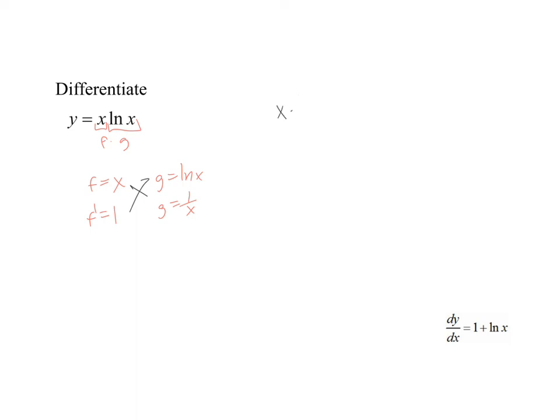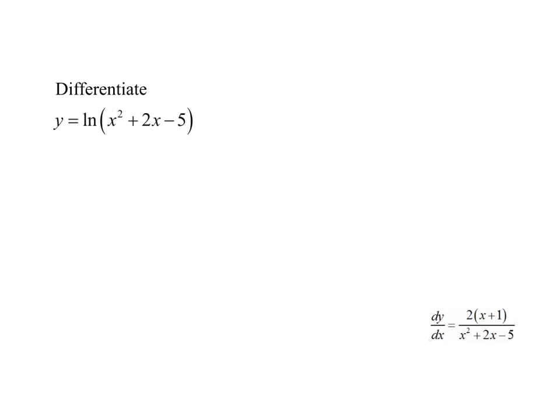So we'd have x times 1 over x plus 1 times ln x. And you can see the x divided by x would cancel, so that should just simplify to 1 plus ln x would be our final derivative for that equation. So it works pretty well when you have 1 over x, because a lot of times those kind of things will cancel out.